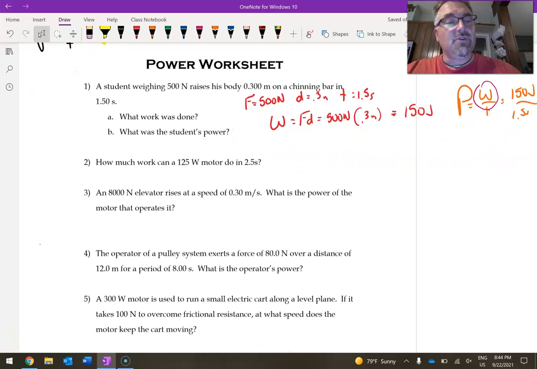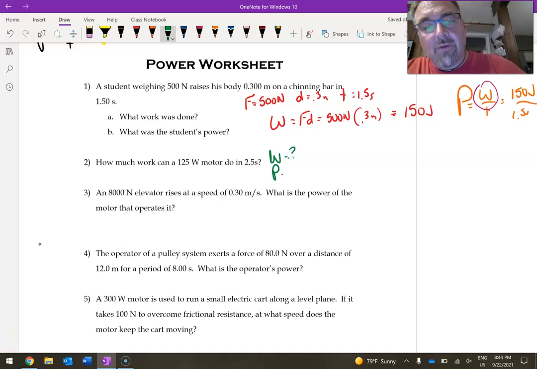Okay, so if we look at number two, it asks how much work can a 125 watt motor do in 2.5 seconds? So again, using our GUESS method, and we'll go green here just for fun, our work done is what we're looking for. The power is equal to 125 watts, and my time is equal to 2.5 seconds.